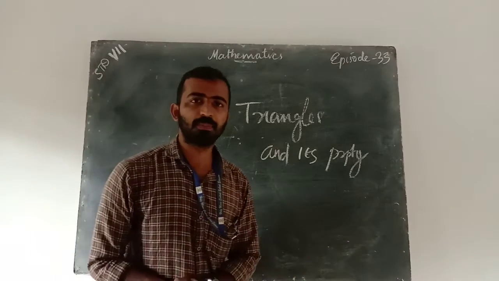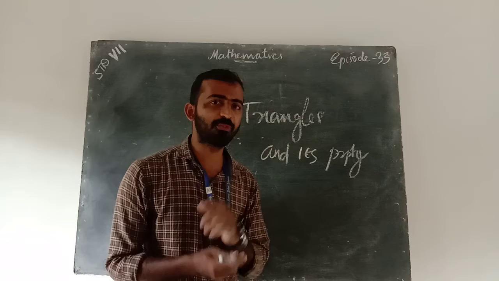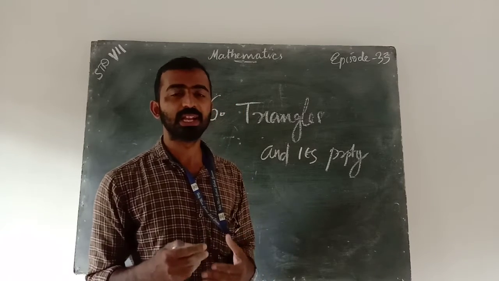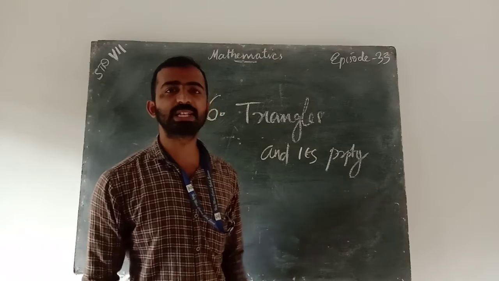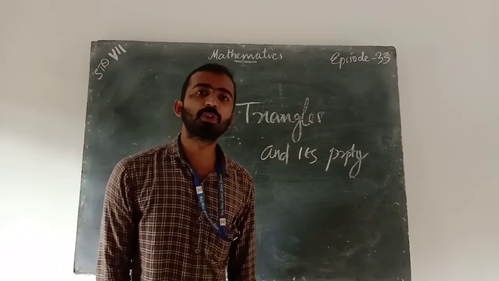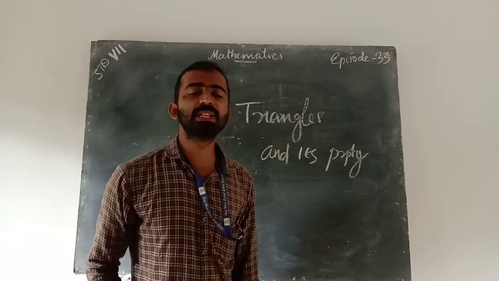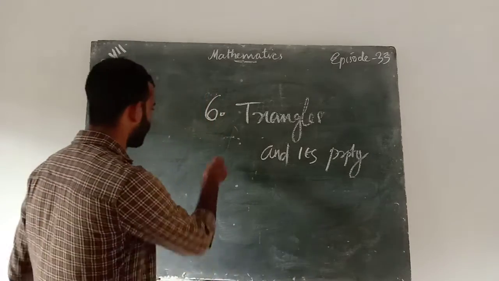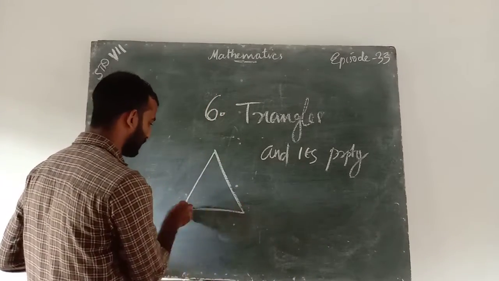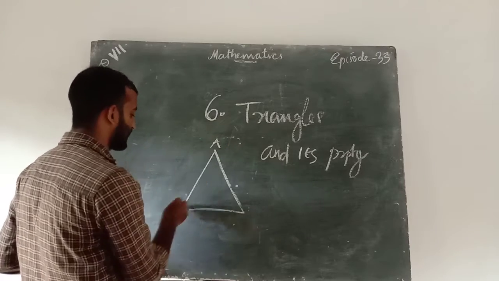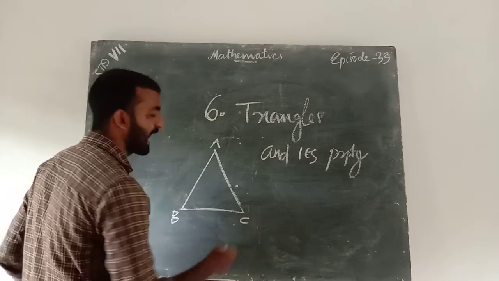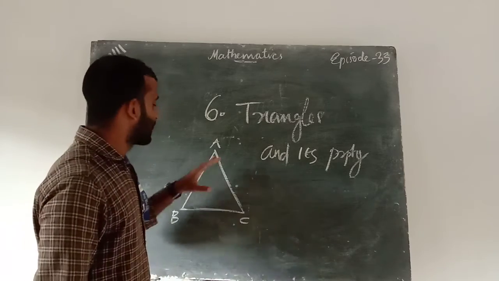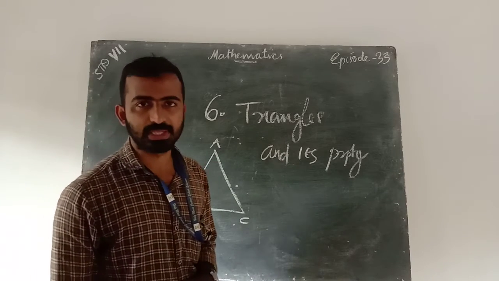In this chapter, the name of our chapter is Triangles. First we discuss the properties of triangles. This is a triangle, triangle ABC. A triangle has three vertices.